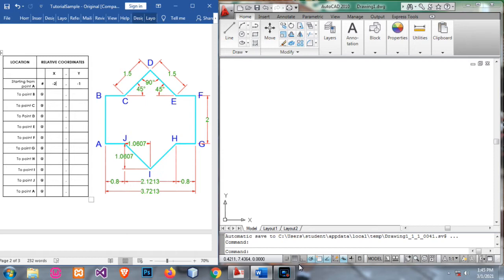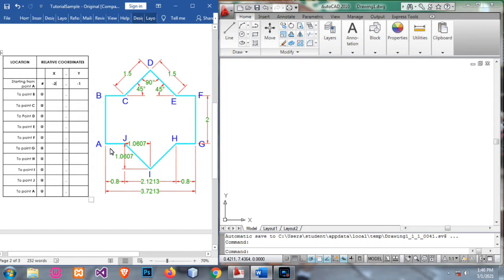So for example, let's try to solve this example here in order to better understand relative coordinates. This is the object with its corresponding points and distances, and using these measurements we can identify the missing relative coordinates. So we use the starting point at point A with absolute coordinates.